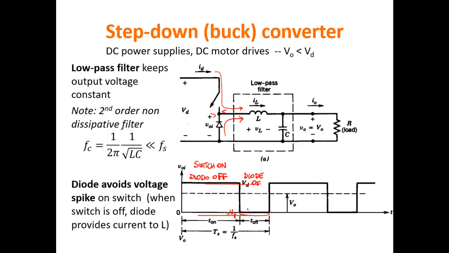So in the end, when the switch is off, the diode goes on and provides the current to the inductor and ensures that we do not have a stressing change of the voltage on this node.